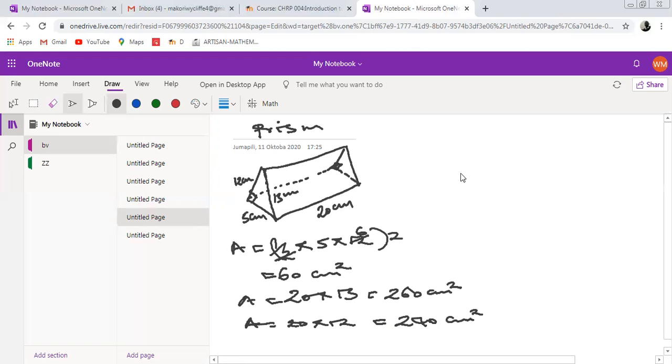centimeters squared. Then we can talk about the area of the base. The area of the base is given by length times width, which is 20 times 5, which gives us 100 centimeters squared.